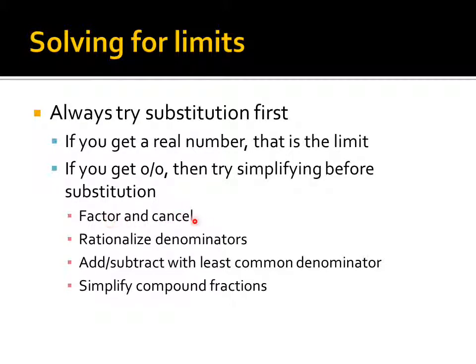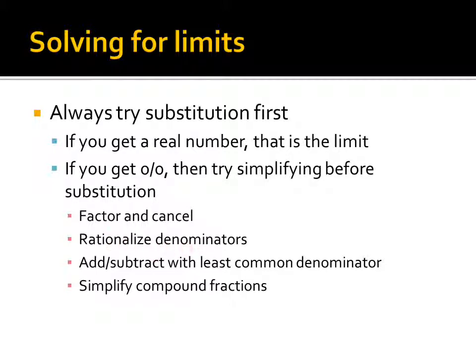By the way, factoring is particularly useful when you have polynomials. If you have a polynomial in the numerator or the denominator of a fraction, try factoring it. Chances are something will cancel out.